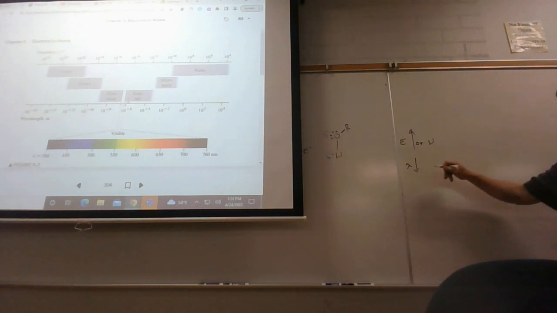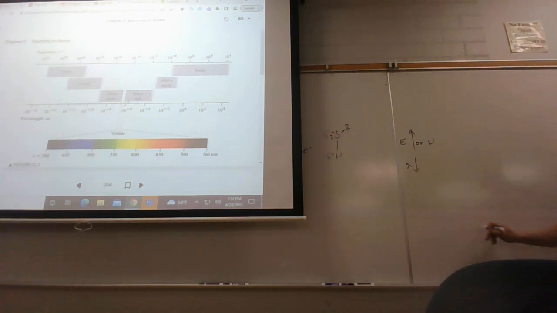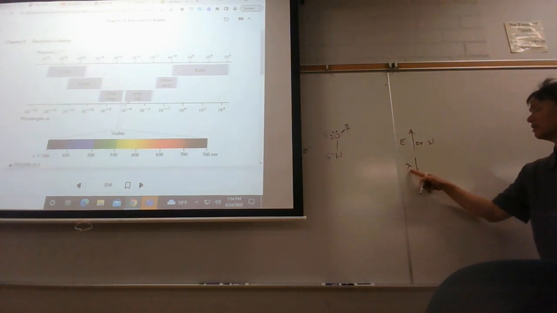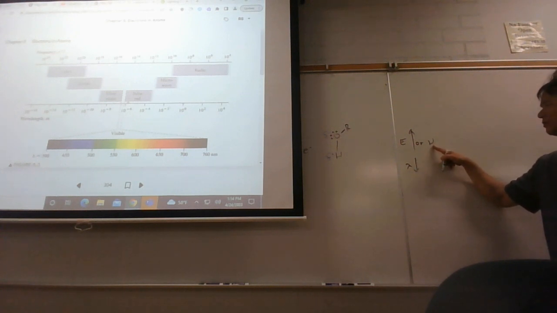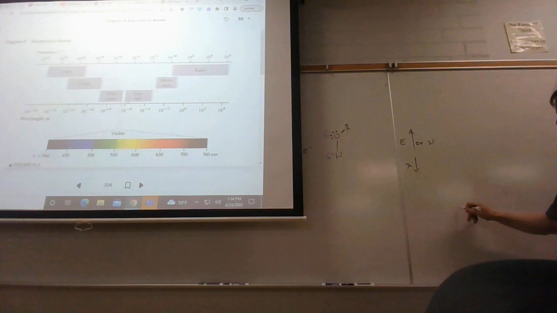Lambda decreases. So the longest wavelength means low frequency. So the longest wavelength, lowest frequency, lowest energy light would be radio.